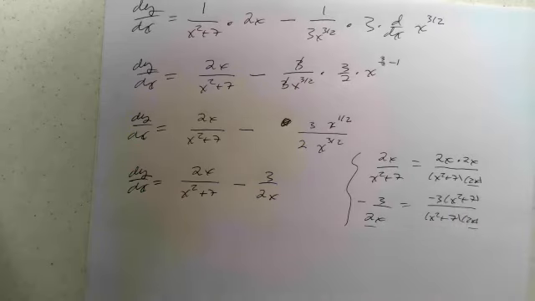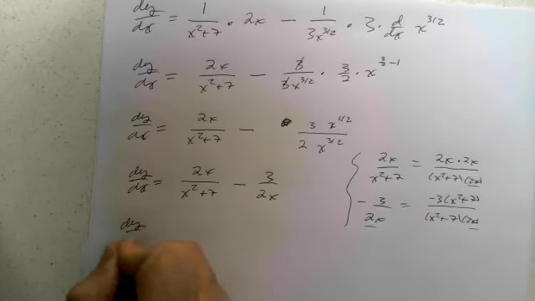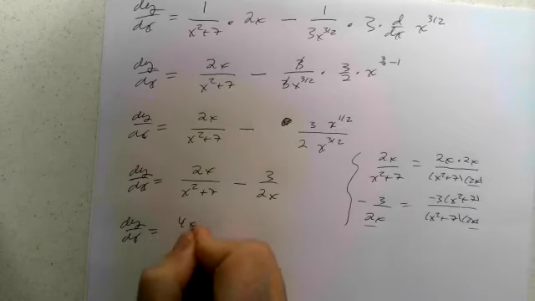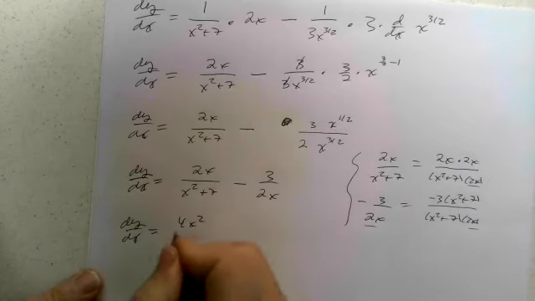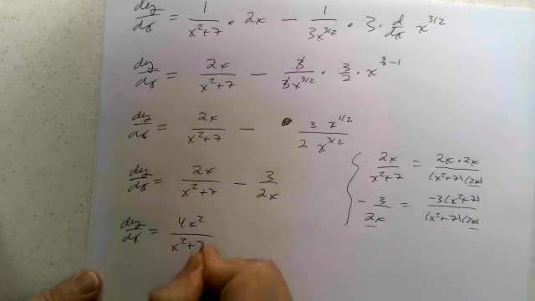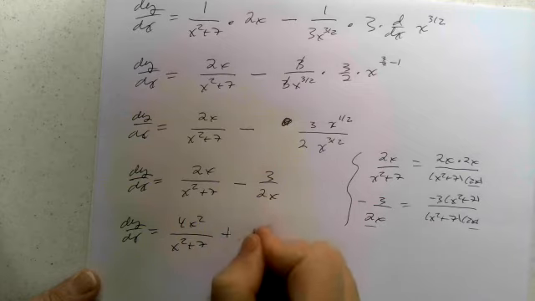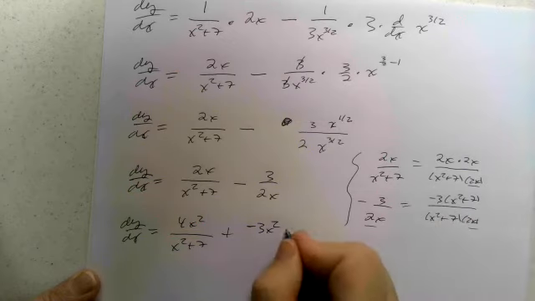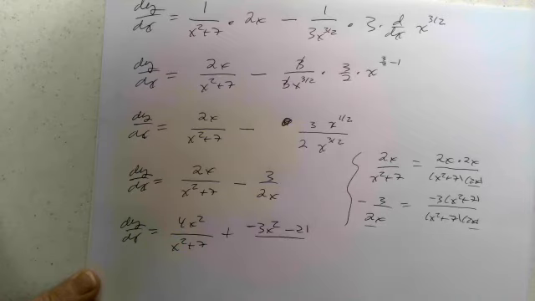So what does that give me? Upstairs, what do I have? 4x squared, 2x times 2x, 4x squared over x squared plus 7. Downstairs, we have minus 3x squared minus 21. Negative 3x squared minus 21 over, that's x squared plus 7 times 2x is my common denominator.